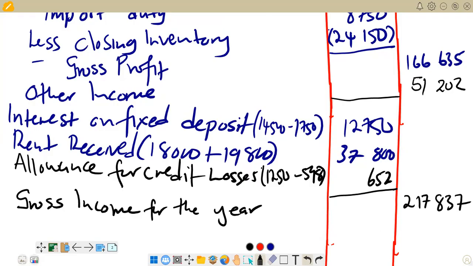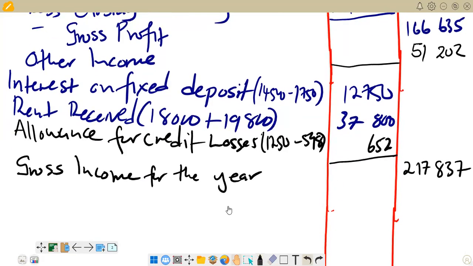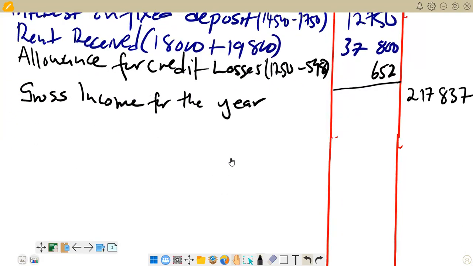So basically here we are just going to say, on the expenses section, remember we have the administrative, distribution, and other expenses. Let's take note of these indications of less that we are subtracting.